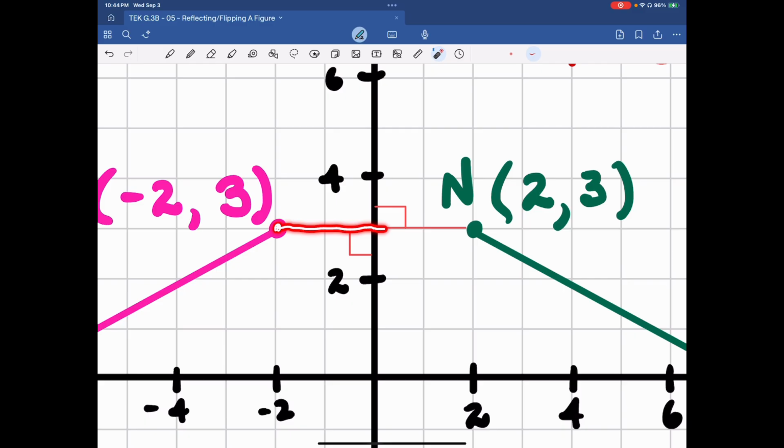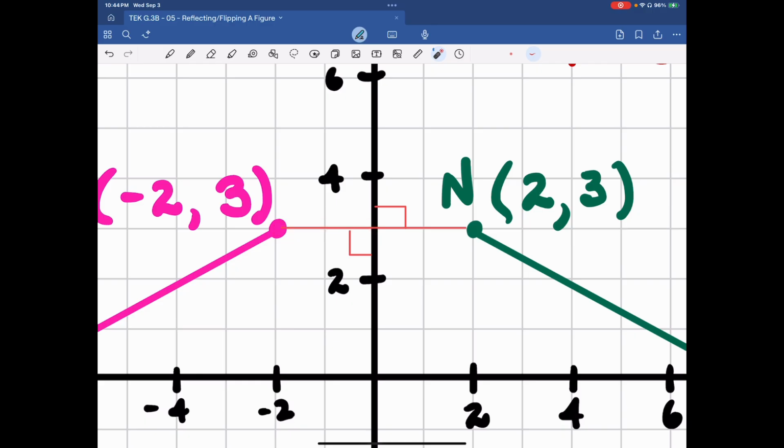I'm going to continue that line over, and what I'm going to do is measure how big this line segment here is, because that's telling me how far I have to go on the opposite side of the line of symmetry, or the line of reflection. So what happens is I can count it.